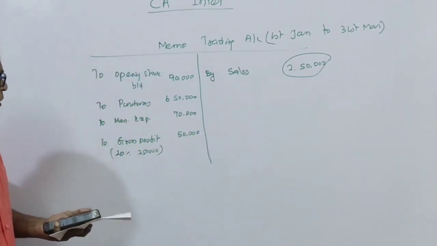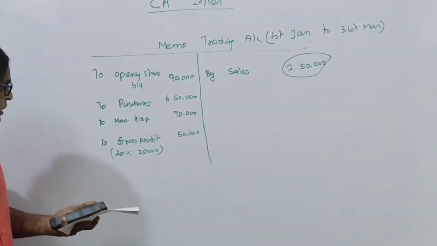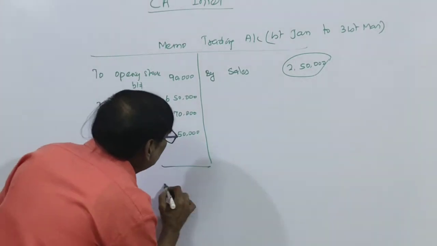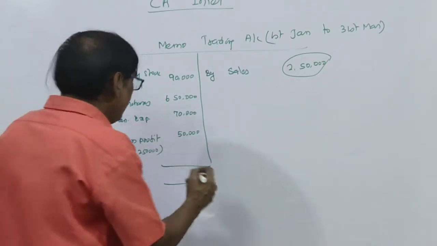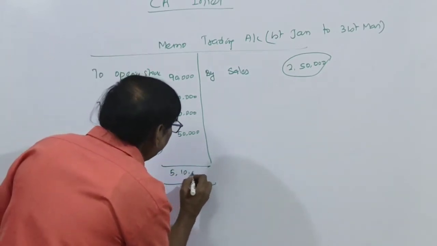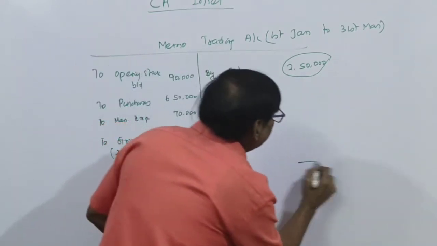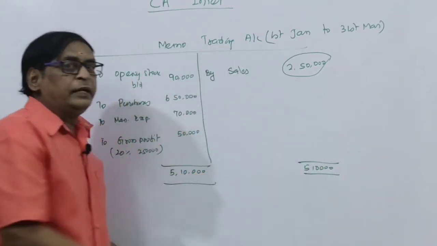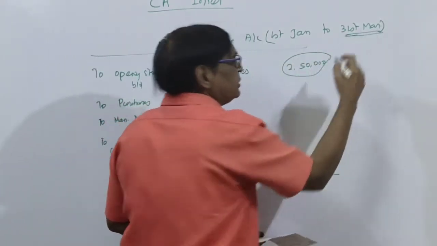So opening stock 90,000, purchases 6,50,000, manufacturing expenses 70,000, and gross profit 50,000. If you add the total side, it comes to 5,10,000 rupees. If you transfer this balance to the credit side and balance it, you get the closing stock as on the date of fire, I mean 31st March.